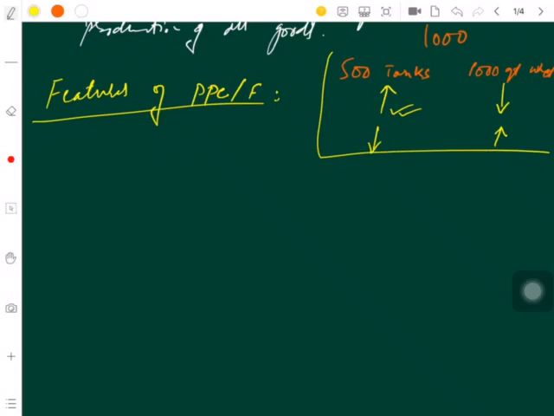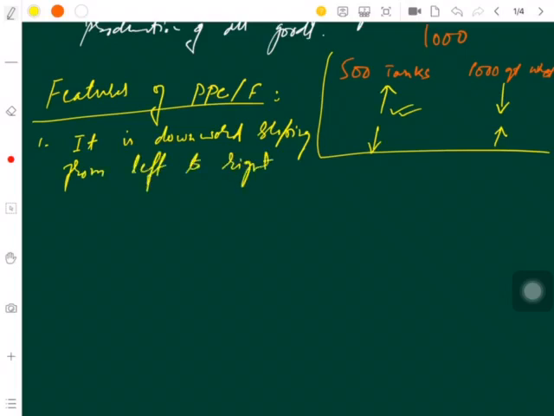The first and foremost thing you will bear in mind is it is downward sloping from left to right. It is because if you have to produce more of one good, the economy must produce less quantity of the other good, as I was saying in this very example, the example of tanks and wheat.